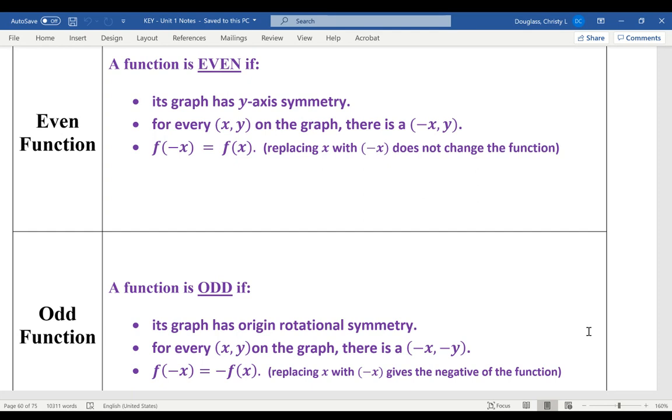It would give you the negative of that function. And of course, we'll look at some examples so this will make a little bit more sense. Now, note that there are many other symmetries, but the ones that are particular to even and odd are y-axis symmetry and origin rotational symmetry.